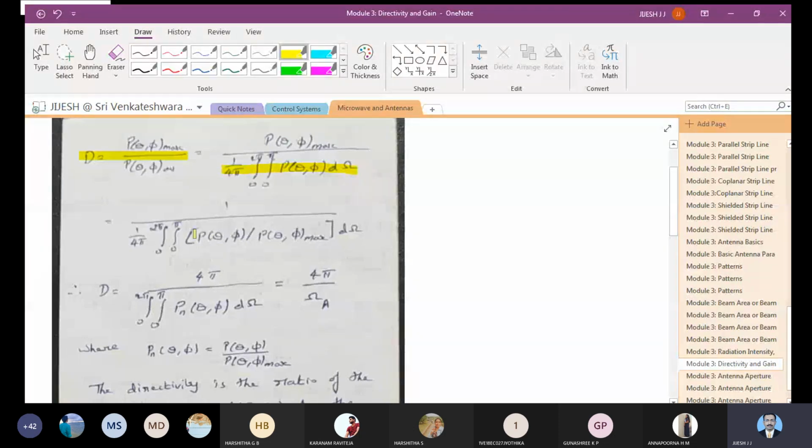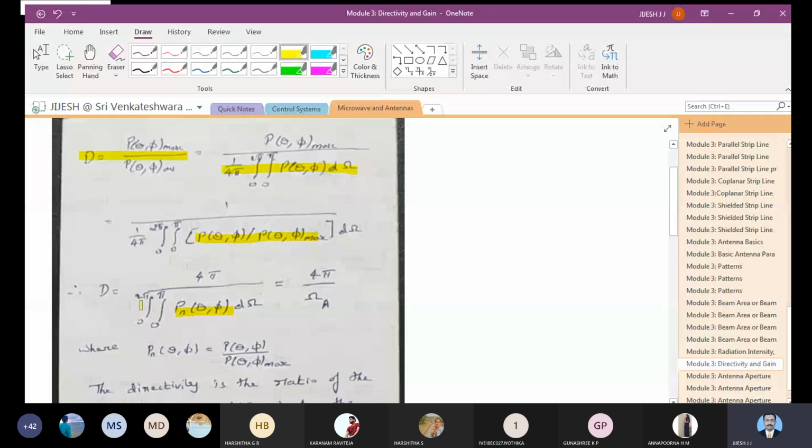P theta phi divided by its maximum value is called the normalized power, so we wrote it as Pn theta phi. So you get 4 pi divided by integral of 0 to 2 pi, integral of 0 to pi, of Pn theta phi d omega, which is called the normalized power pattern.